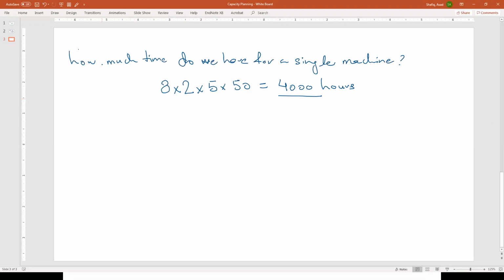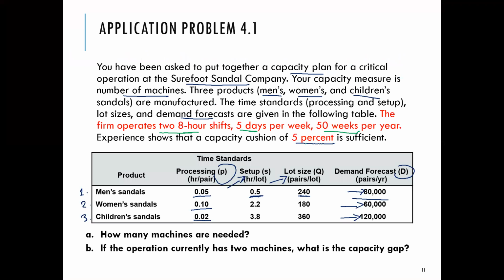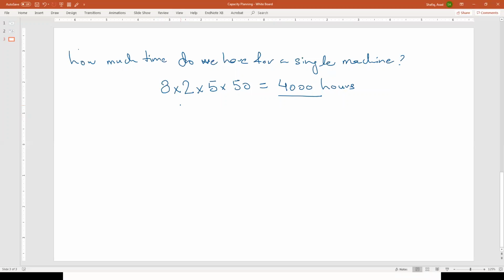Now, we know that we have to keep some kind of a cushion because there are demand fluctuations, or we have to keep some time for eventualities like breakdowns or maintenance, etc. So in this example, if I go back to the slide, it said the cushion is 5%. So in other words, we have to take 5% of the time away from these 4,000 hours.